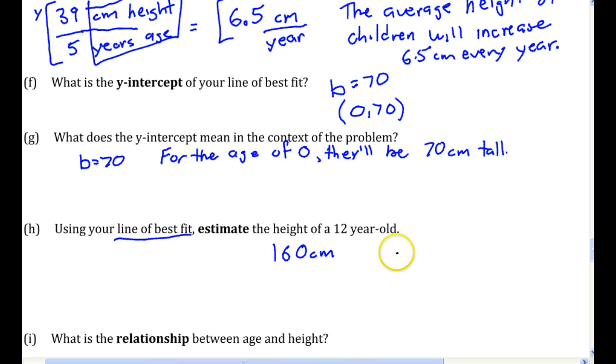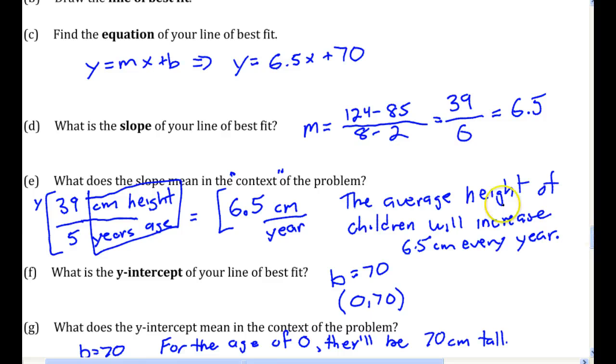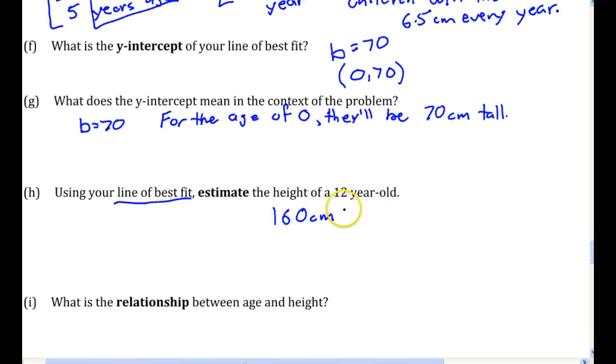And we could also use the equation that we got up here, 6.5x plus 70. That should give us something similar. So if we did that, y equals 6.5 times 12 years old plus 70. That should equal something close to 160.